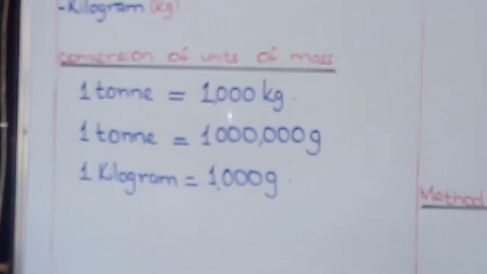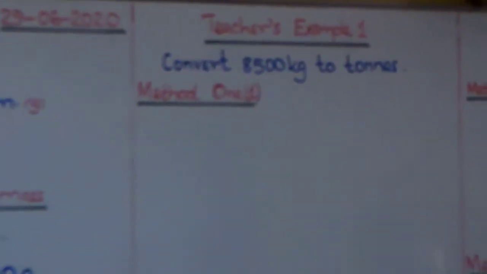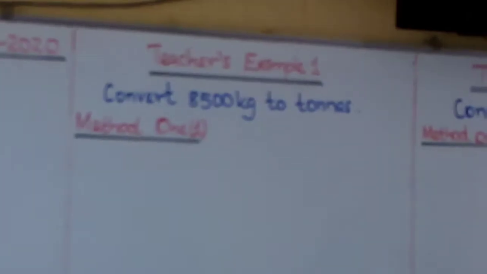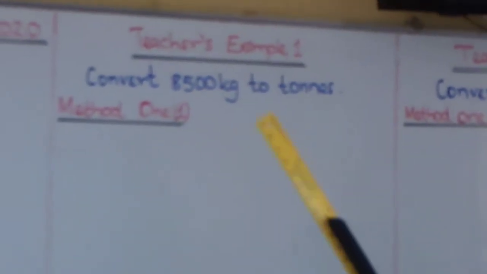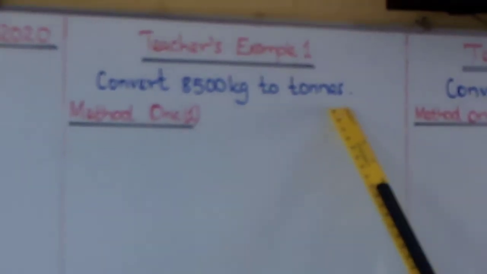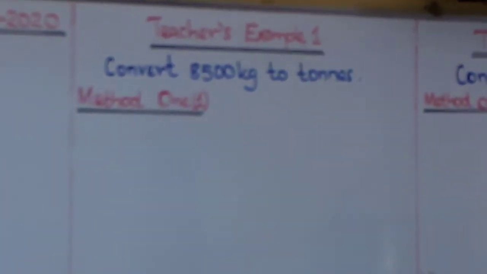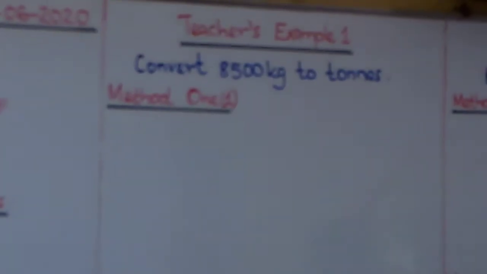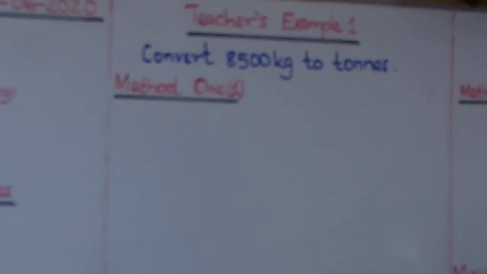Now let's look at some problems involving the conversion of the units of mass. Teacher's example 1. Convert 8,500 kilograms to tons. Method 1. We make a statement.